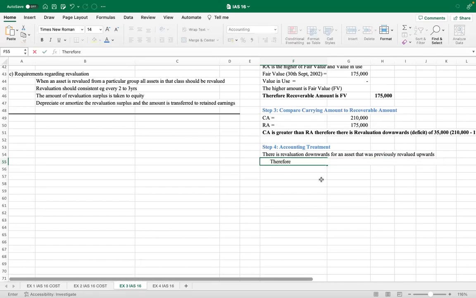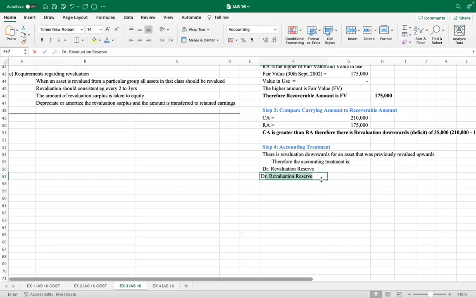Therefore, the accounting treatment is you have two debits. Debit revaluation reserve, and debit income statement. We say there are two debits. Then you credit asset account.